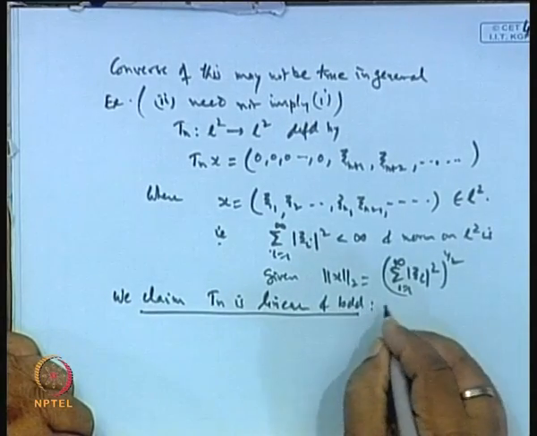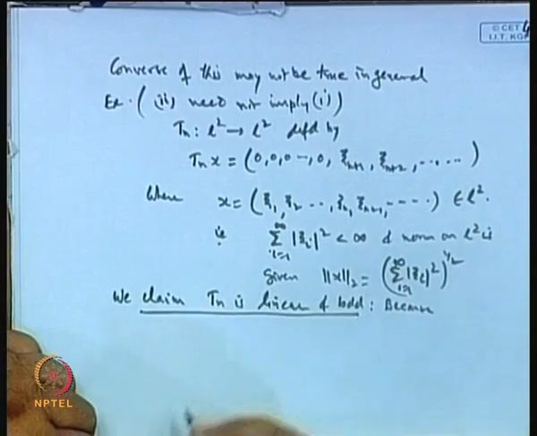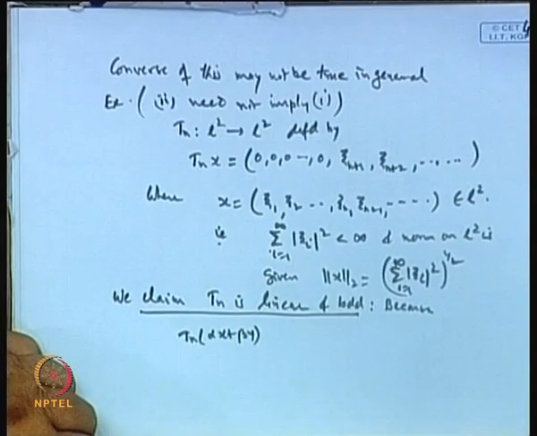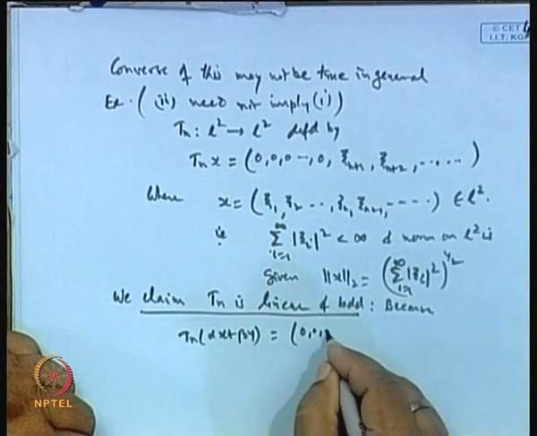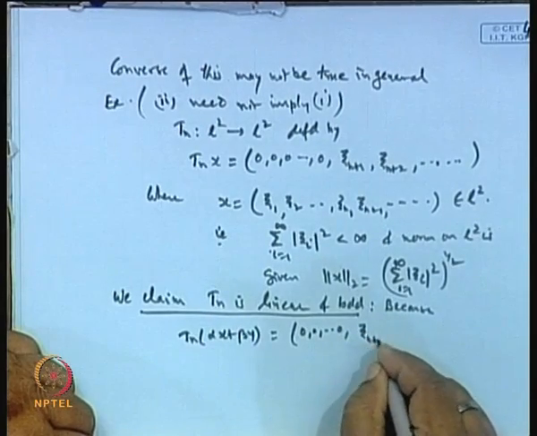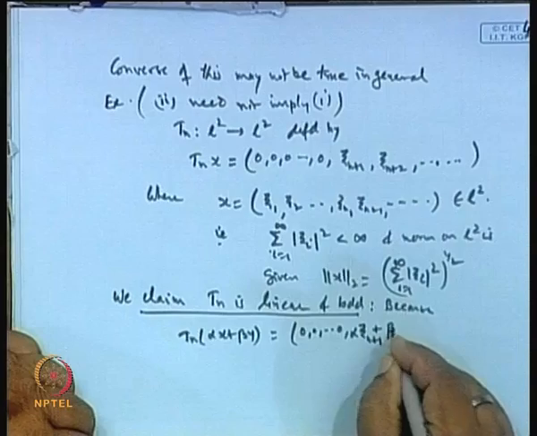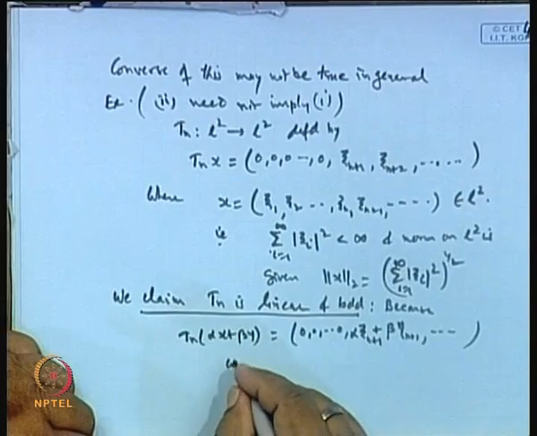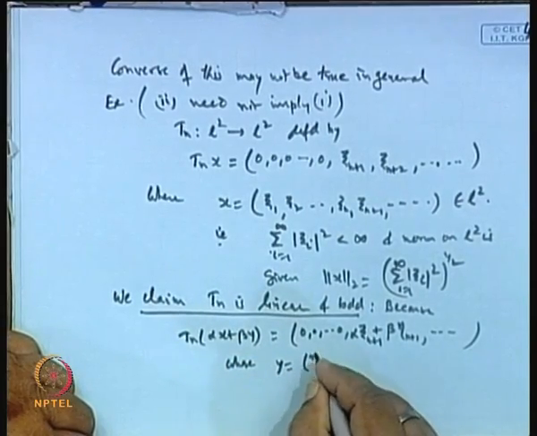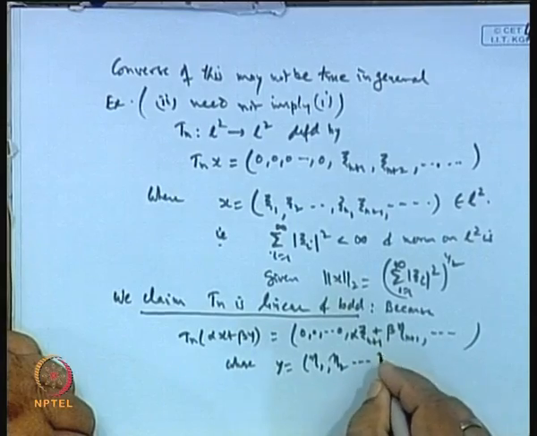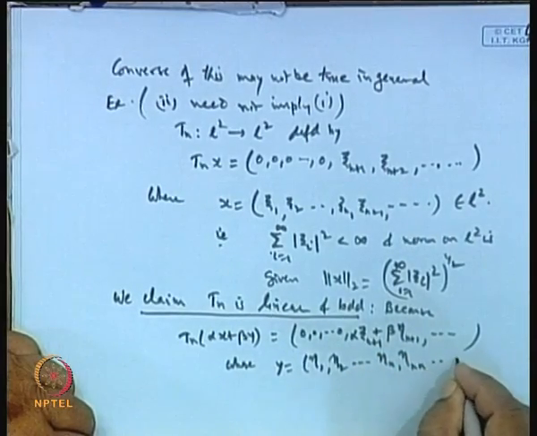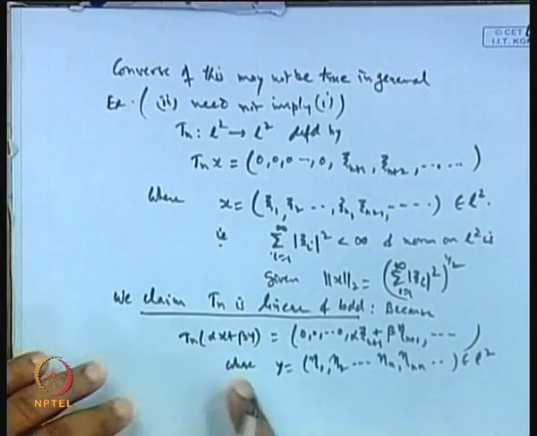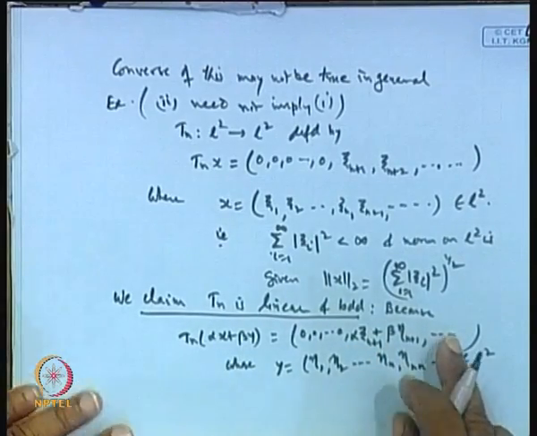Because Tn of alpha x plus beta y, by definition, is 0, 0, 0, alpha times xi n plus 1 plus beta times eta n plus 1 and so on, where y equals eta 1, eta 2 and so on belongs to L2, and x equals xi 1, xi 2 belongs to L2.